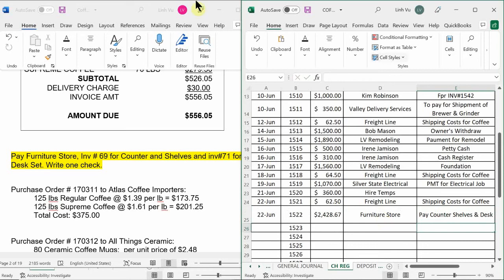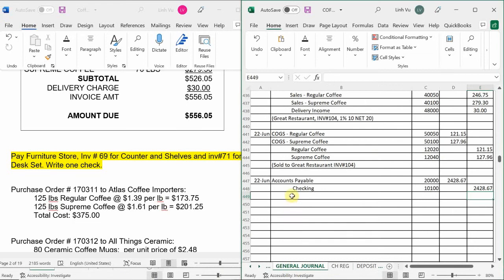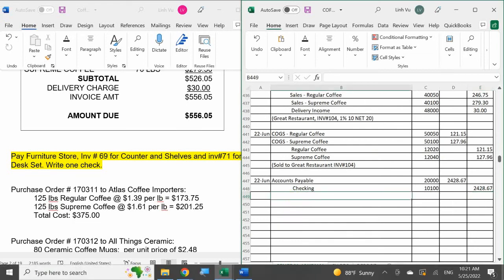Okay, for check number 1522. So we have all the information we need. We wrote a check out to furniture store. We paid for invoice number 69 and 71. And we used check number 1522.